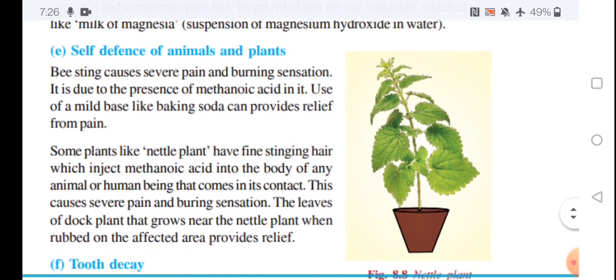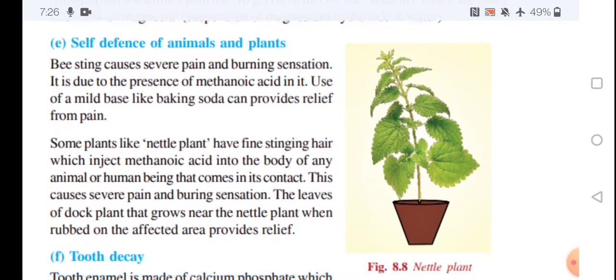Next, some plants like the nettle plant have fine stinging hair which injects methanoic acid into the body of any animal or human being that comes into contact, which causes severe pain and burning sensation. The leaves of the dock plant, which grows near the nettle plant, when rubbed on the affected area provide relief.